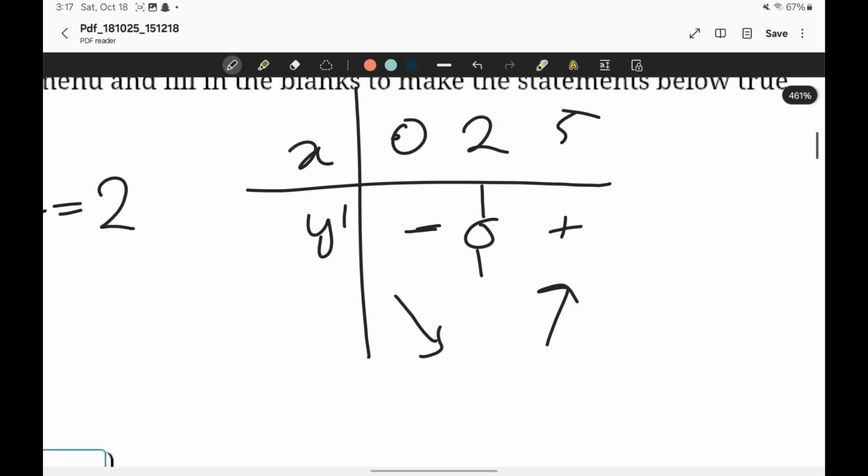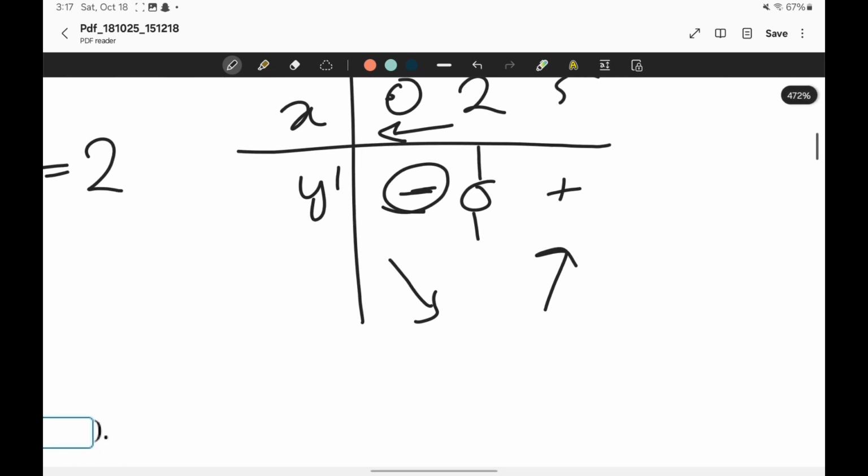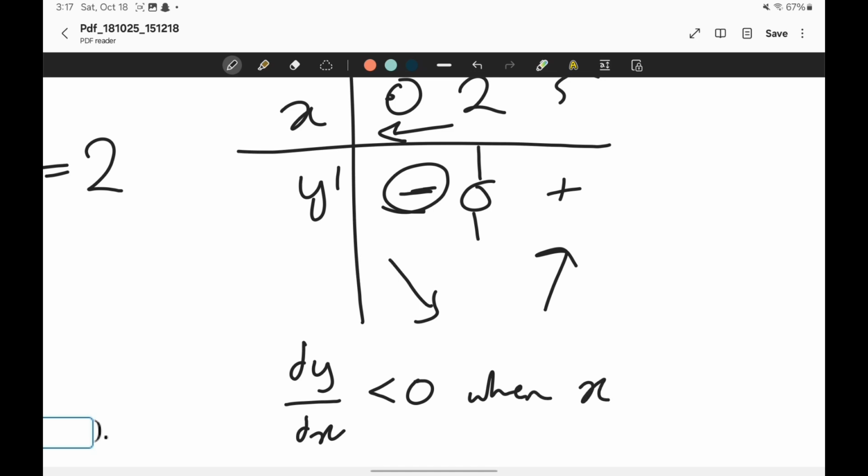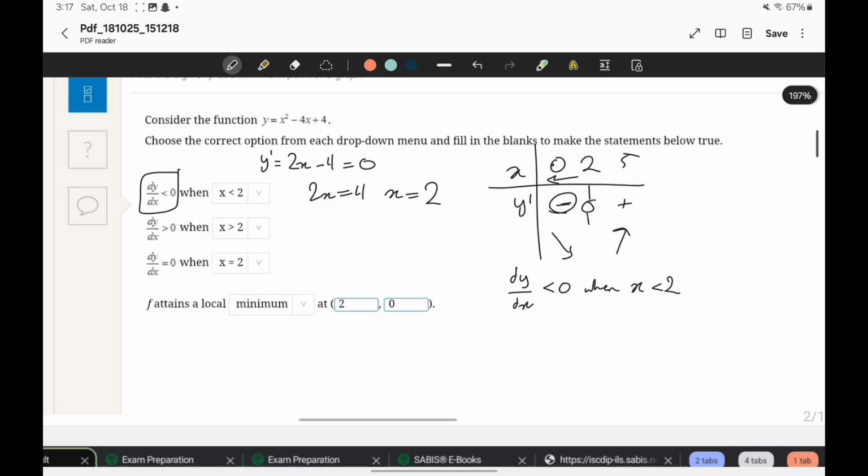And we look here on the table, when it's negative, our x is less than 2. So we could say that dy over dx is negative when our x is less than 2.